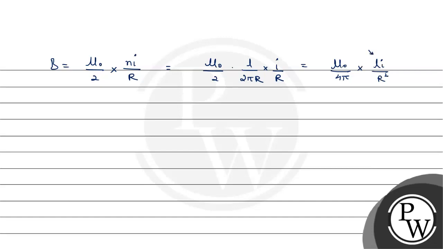Here L is constant, I is constant and this whole thing is constant. Hence we can say that B is inversely proportional to R square. So this is the relation of B with R.